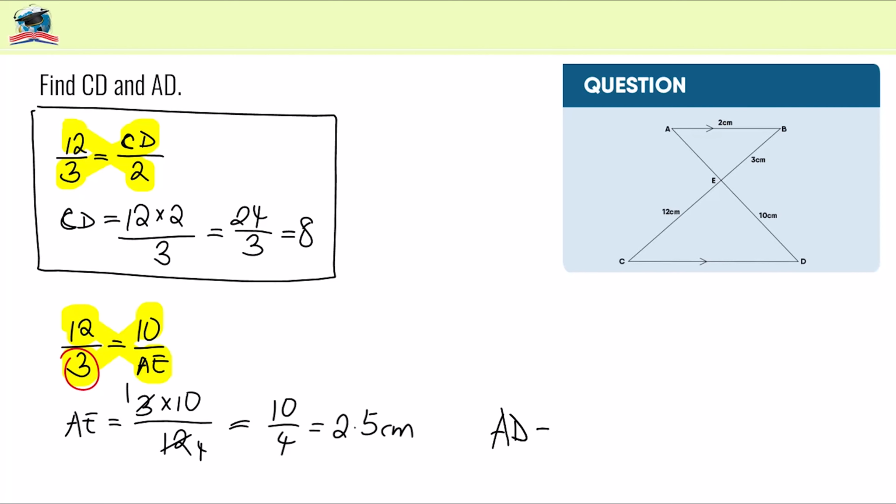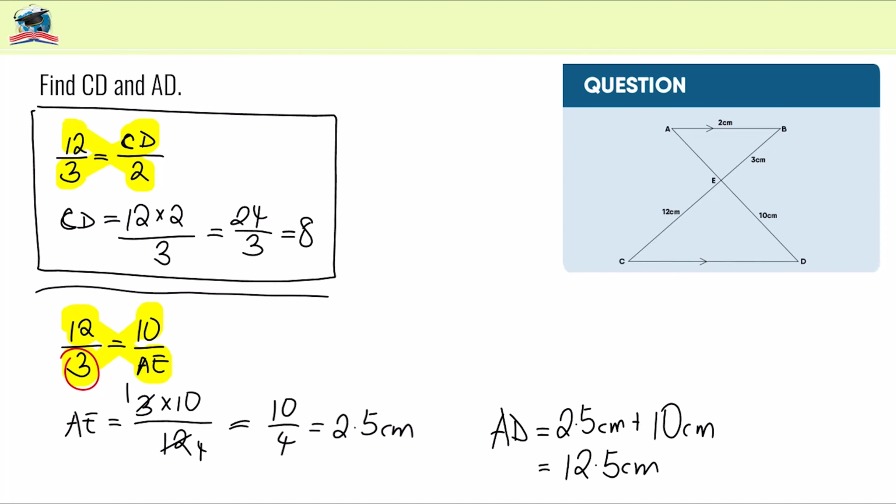AD will be the value for AE, which is 2.5 centimeters, and we will add ED to it, which is 10 centimeters. And this will give a total of 12.5 centimeters for our AD. Excellent. So let's just tidy this up. So that's going to be our second solution.